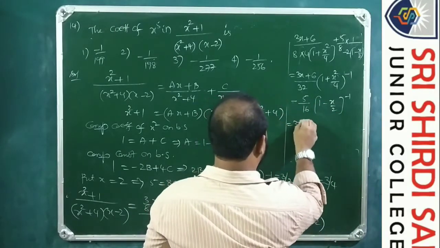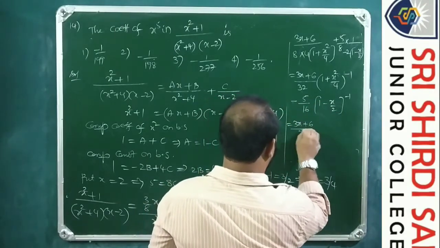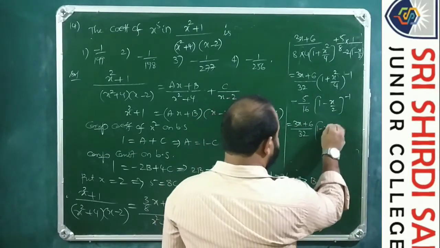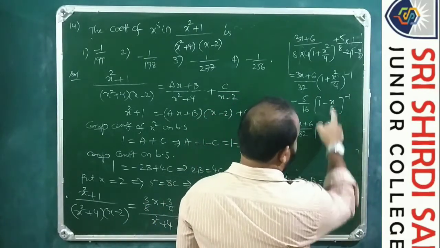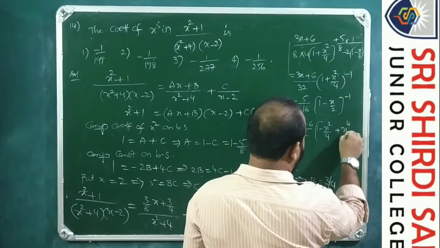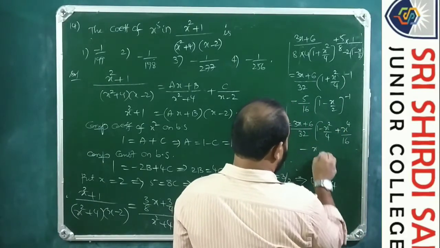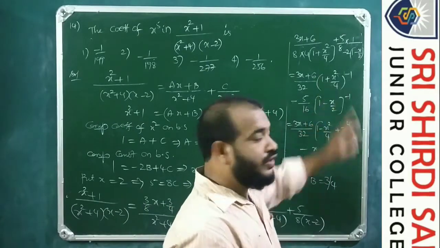So this is (3x + 6)/32 into (1 - x²/4 + (x²/4)² = x⁴/16 - (x²/4)³).